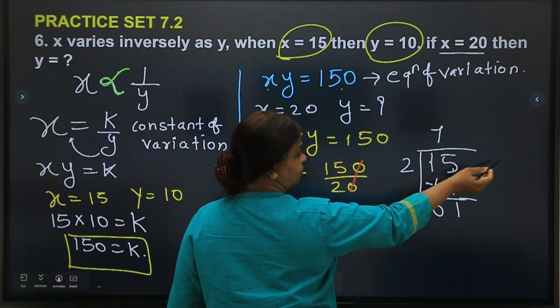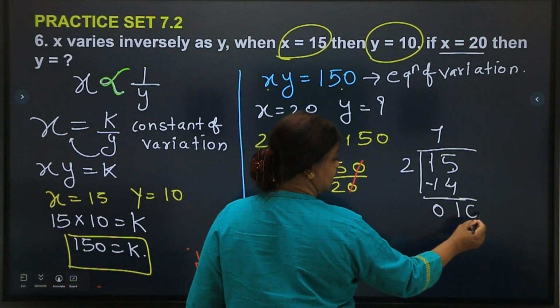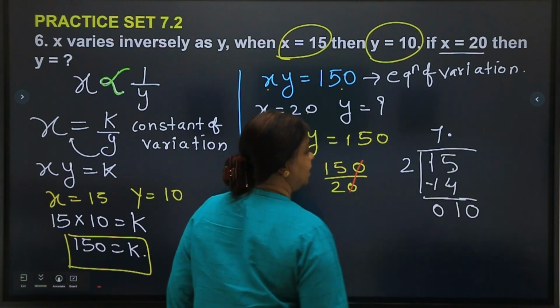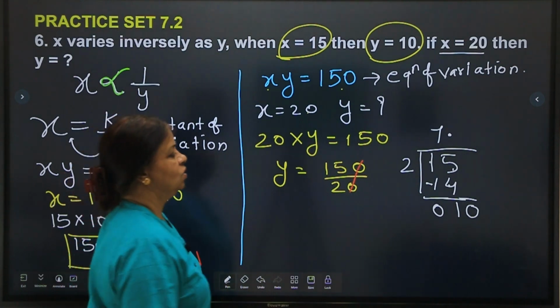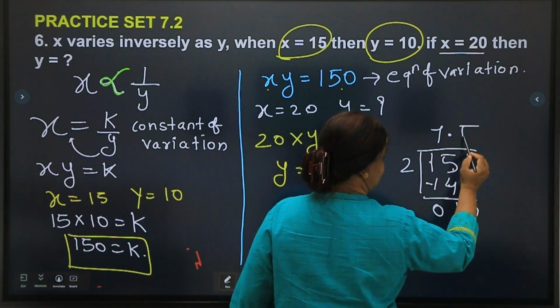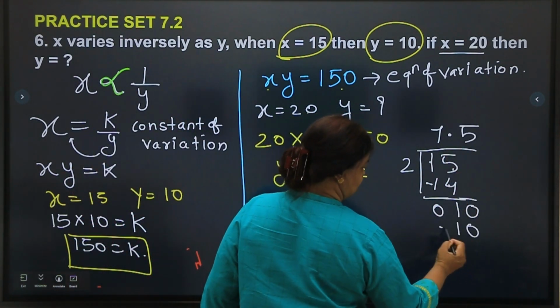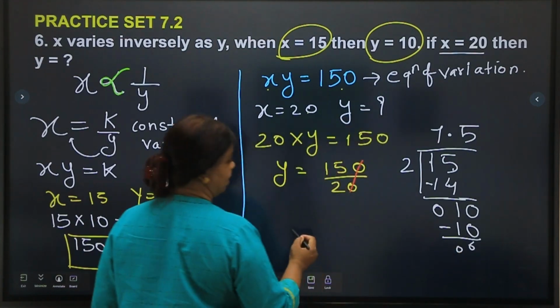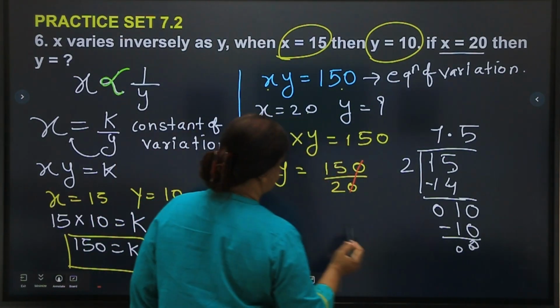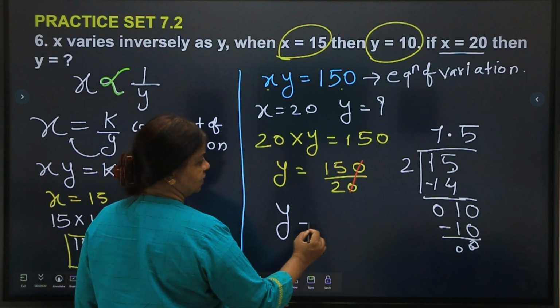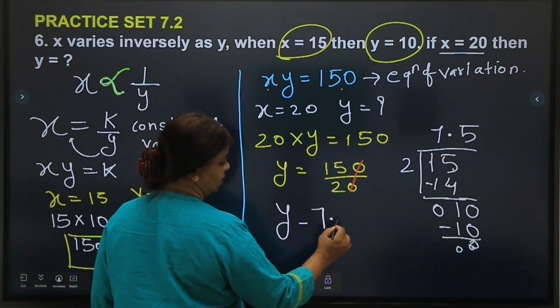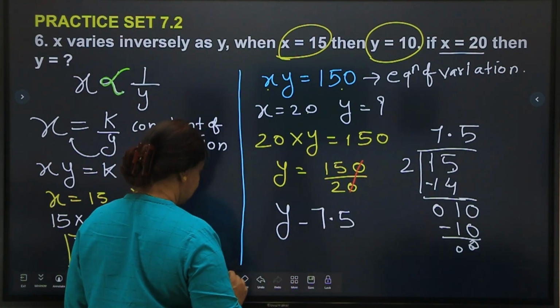Now there are no further numbers, so I will add a 0, but I will see to it that there is a decimal point. So 2 5s are 10. So the y value we got is 7.5. This is the final answer.